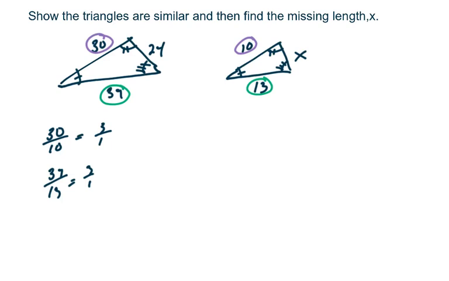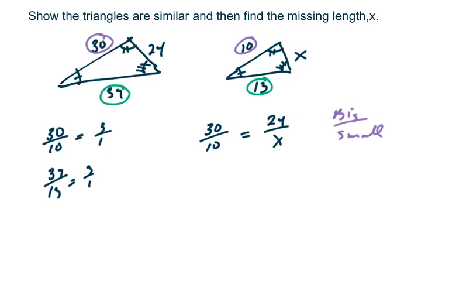So with that being said, we can set up this proportion. 30 over 10 is equal to 24 over x. So here, be careful. If you notice, I have the big over the small. That's how I've set it up. 30 over 10, 24 over x.